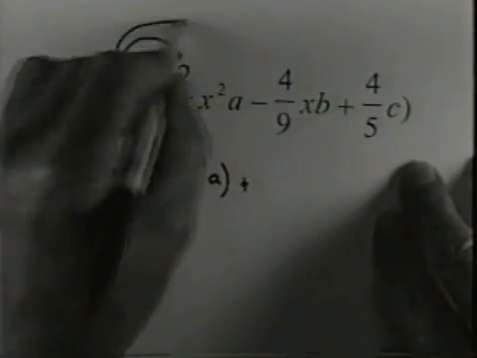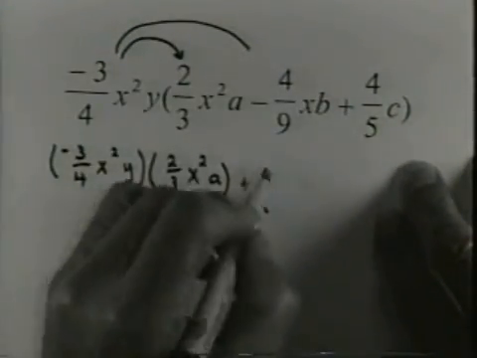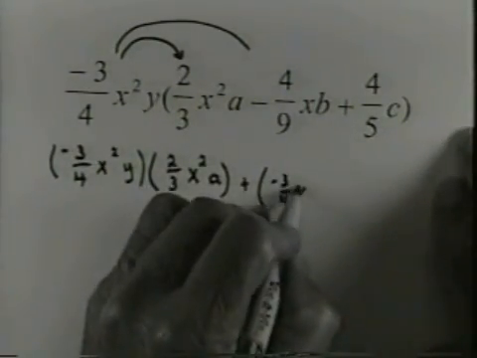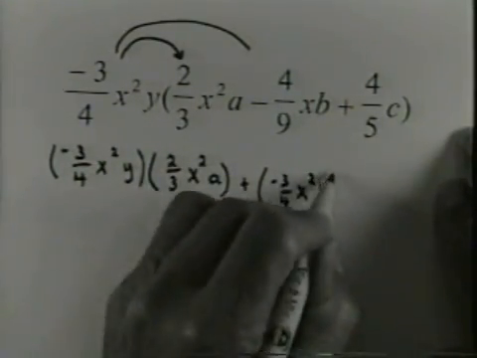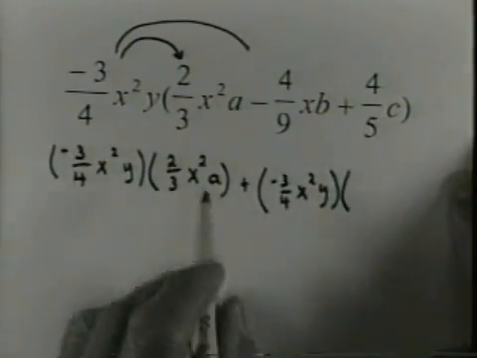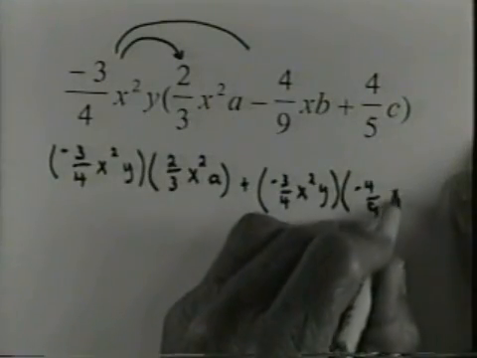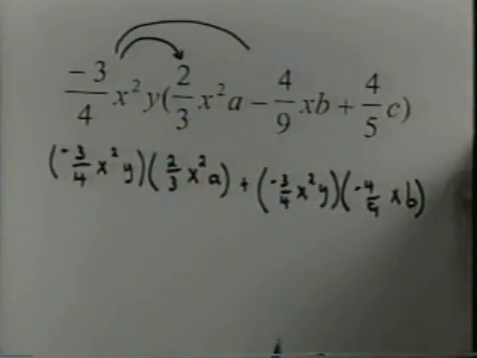Then I'm going to multiply the negative 3/4 x squared y by the negative 4/9 x b.